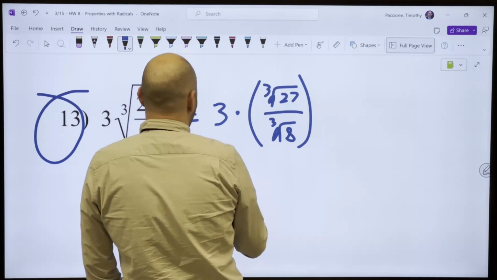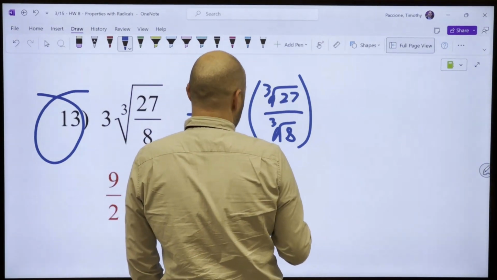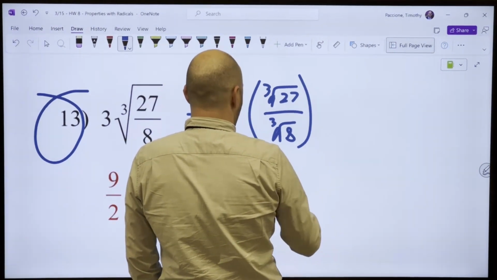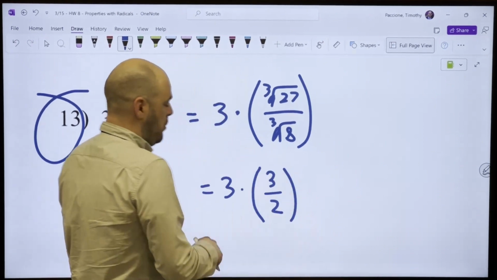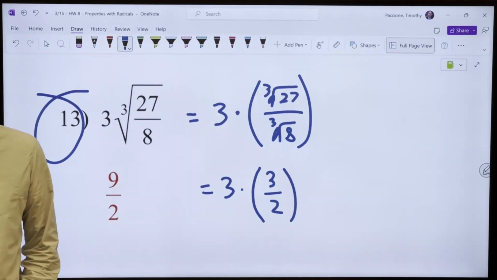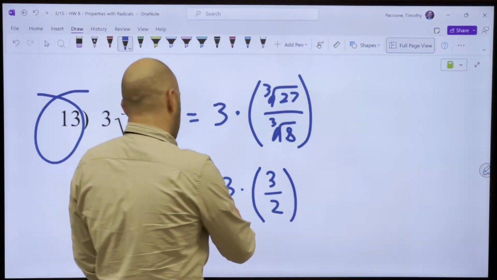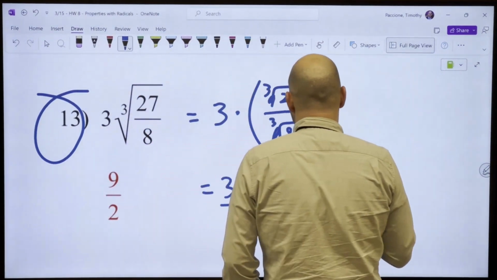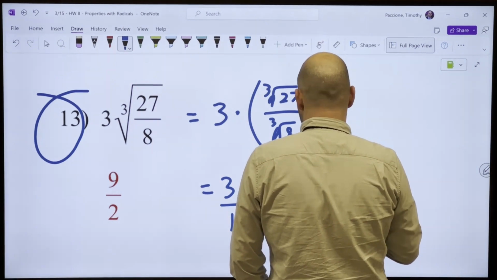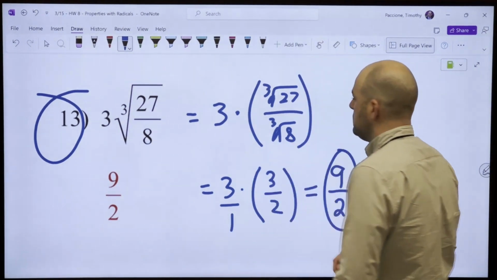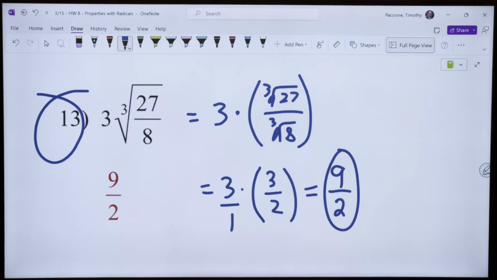And you end up with 3 times 3 over 2. Now, how do you multiply a whole number by a fraction? Put a 1 under it and multiply across, which gives you 3 times 3, which is 9 over 2, and that was your answer. Okay?